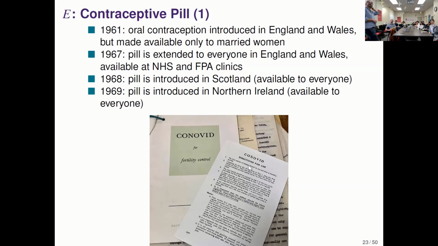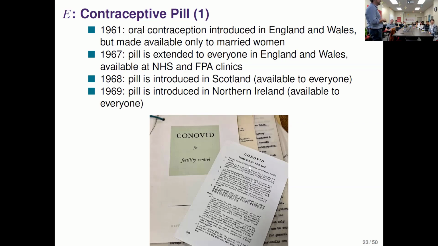So what about the pill in the UK? In 1961, oral contraception was introduced in England and Wales, but it was a huge public debate, and it was restricted only to married women.